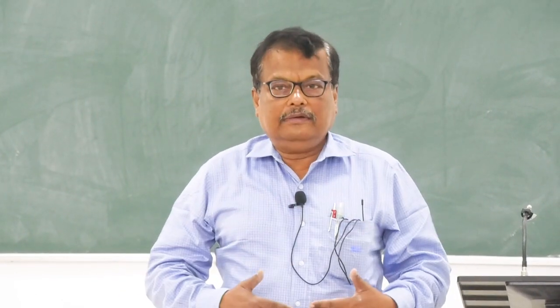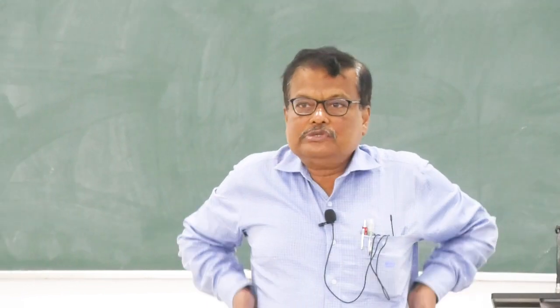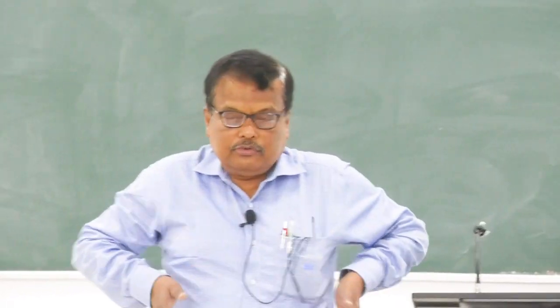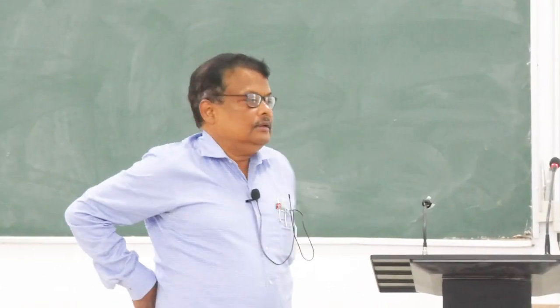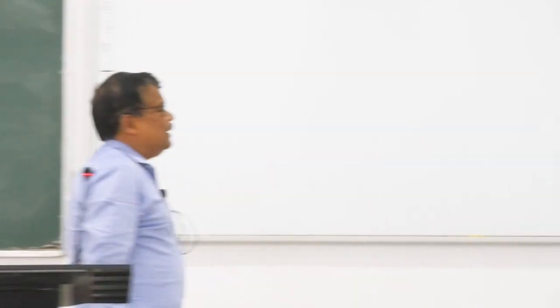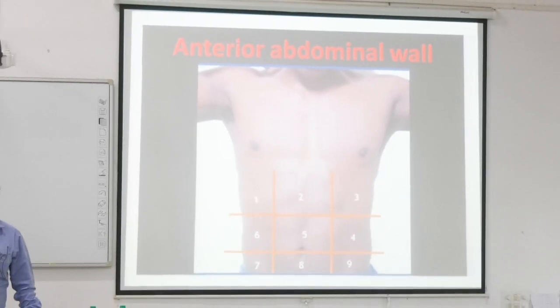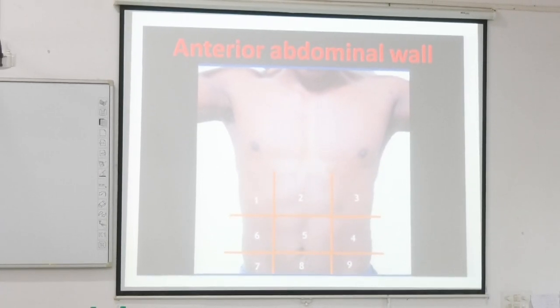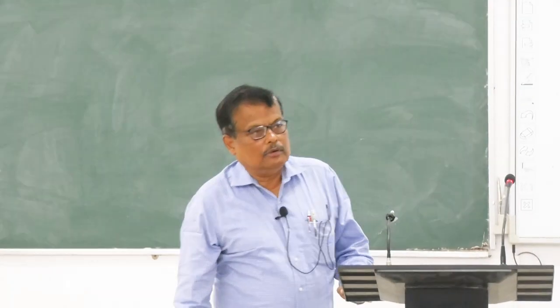It not only includes the anterior but also the lateral part. So this is the anterolateral abdominal wall, and this is the posterior abdominal wall. Loosely we call it the anterior abdominal wall, but the better term is anterolateral abdominal wall.